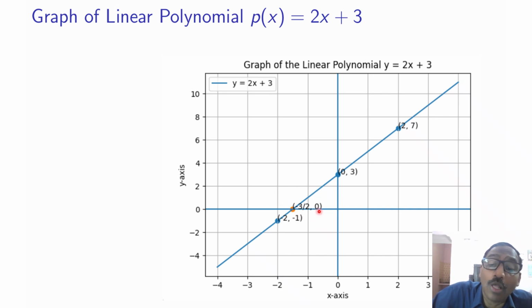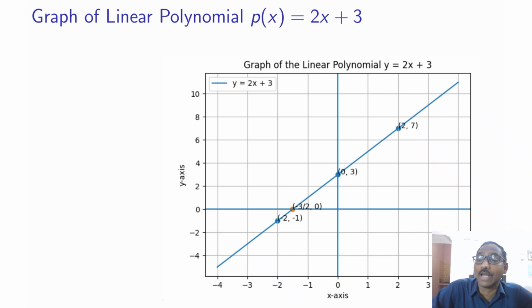This given line y is equal to 2x plus 3 intersects the x-axis at minus 3 by 2 comma 0. So we say minus 3 by 2 is a 0 of the polynomial p of x equal to 2x plus 3.